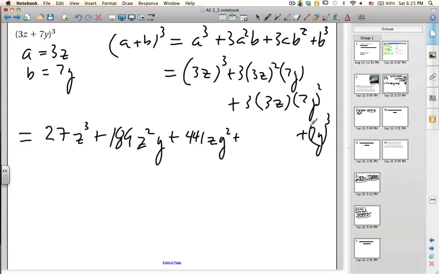That's 343. So we have 343 and then y cubed.